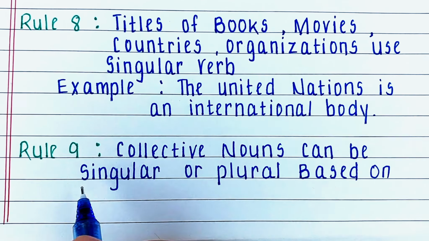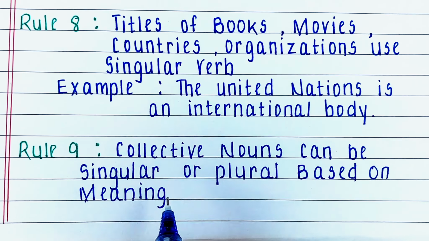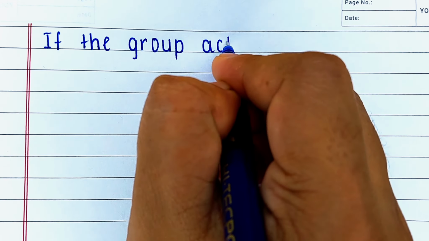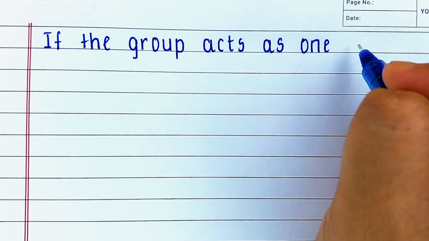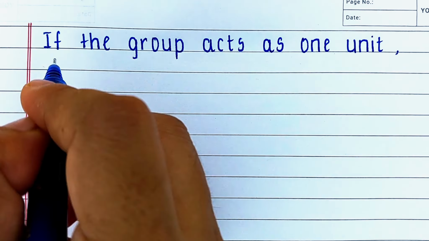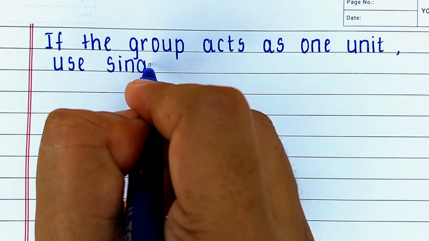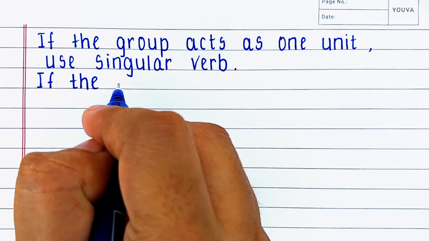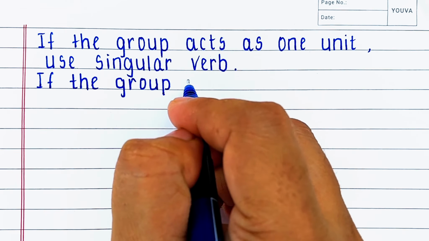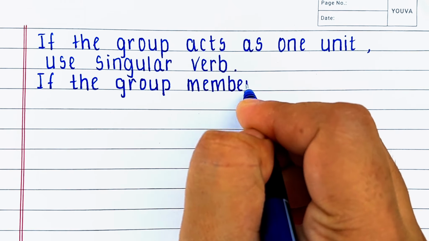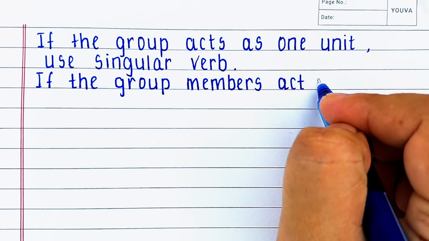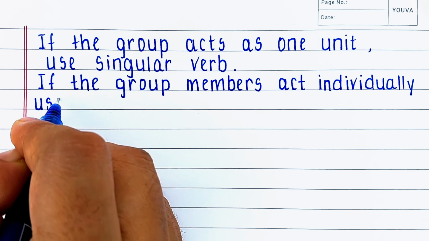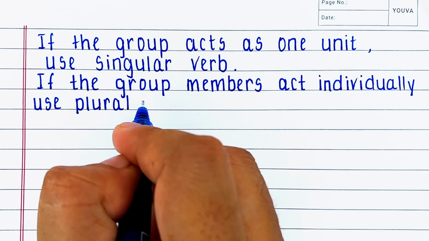Collective nouns can be singular or plural based on meaning. If the group acts as one unit, you will use singular verb. But if the group members act individually, you have to use plural verb.